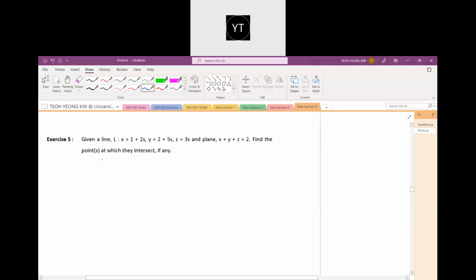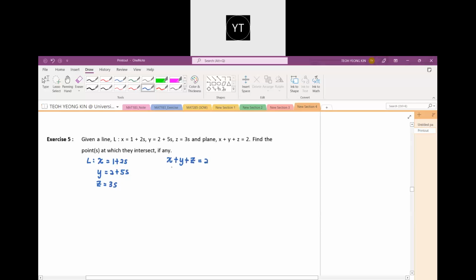From the line, our x is 1 plus 2s, our y is 2 plus 5s, and our z is equal to 3s. Substitute into the equation x plus y plus z equals 2.